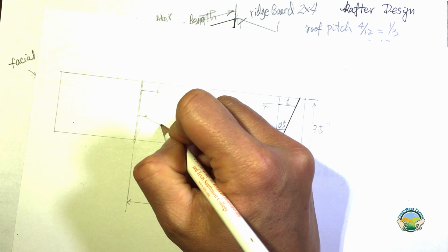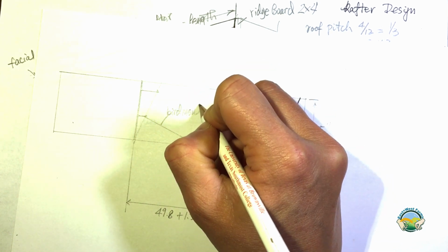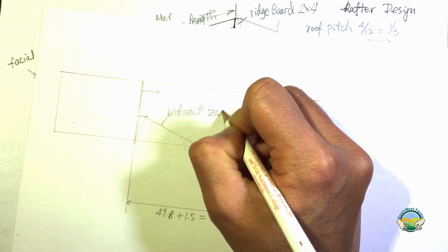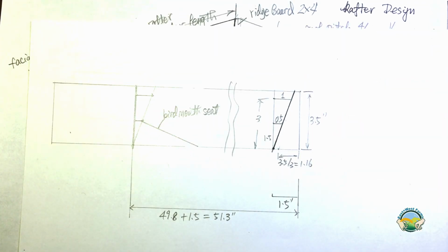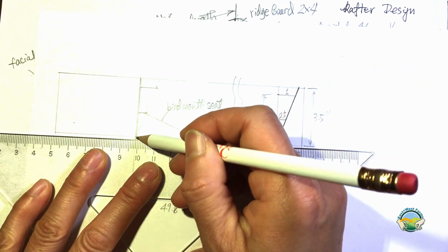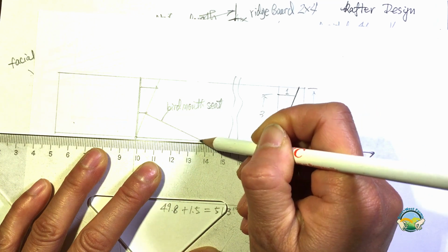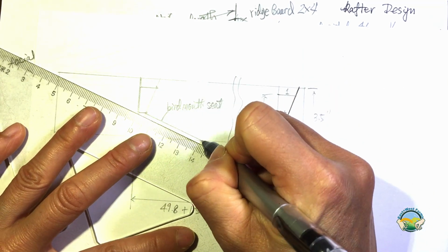So this will be my bird mouth seat. And then of course my cut line is over there. For that, as I said, we will need this dimension, so we may as well calculate it.